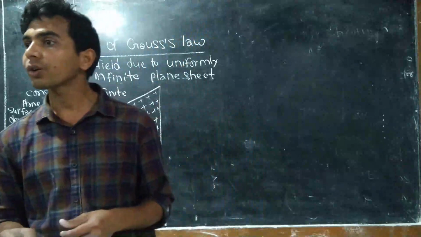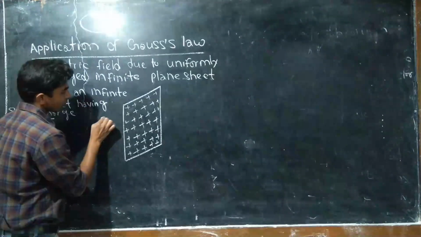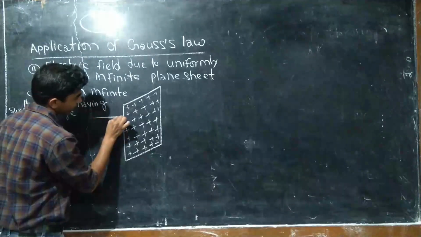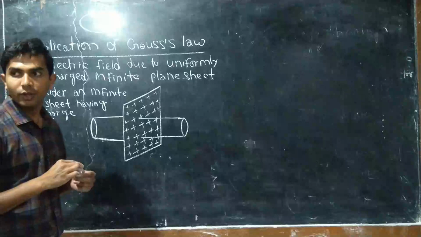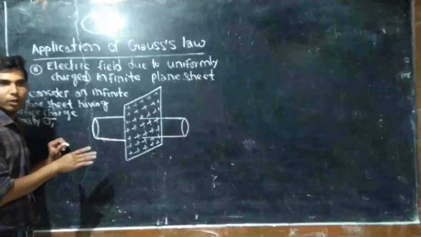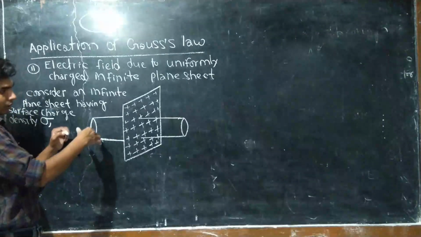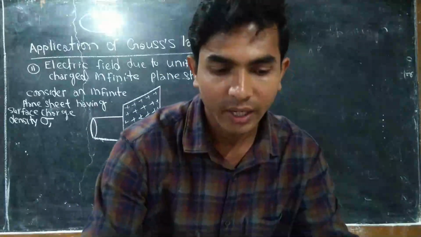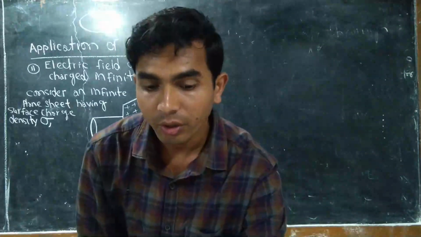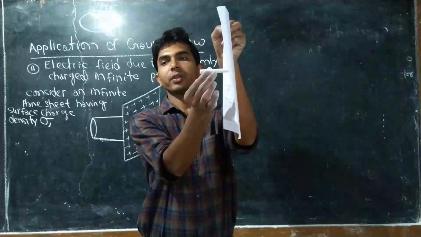So we have to construct a Gaussian surface. Now I am going to construct it. This is your Gaussian surface. I hope you are able to imagine how this figure will look. Suppose this is your infinitely long sheet, and the Gaussian surface is like this.